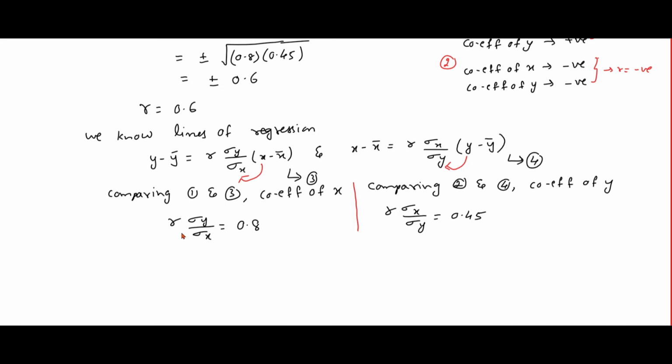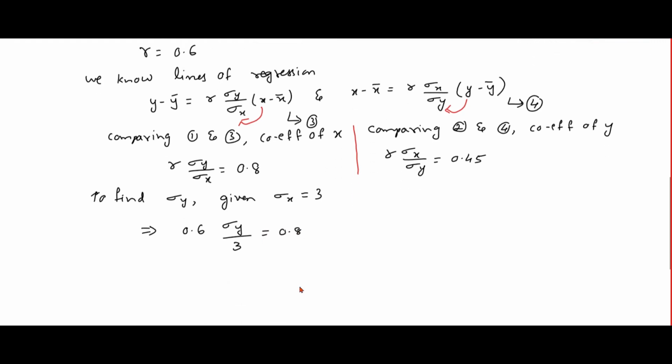So from here we'll find sigma y given sigma x. Sigma x is 3 and we know the value of r as 0.6, so this implies r value will be 0.6, sigma y value we need to calculate divided by sigma x value, which is 3, is equals to 0.8. We'll simplify this expression.